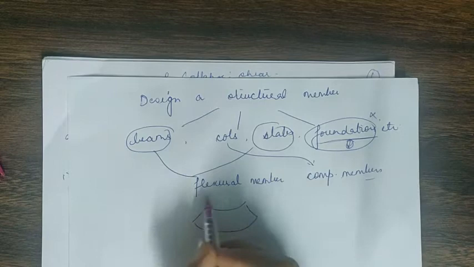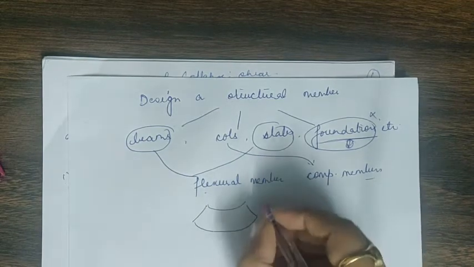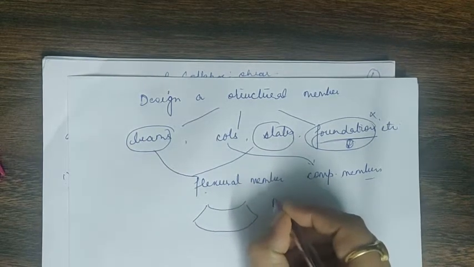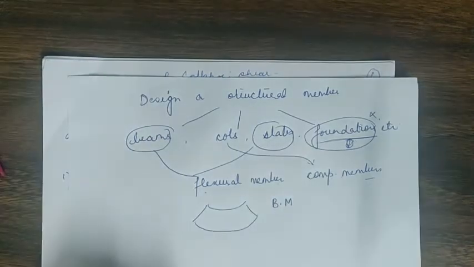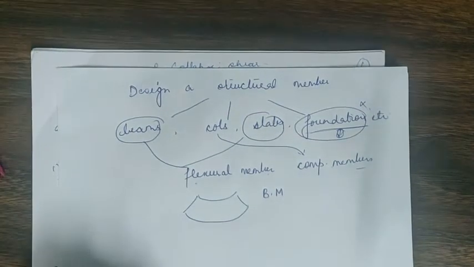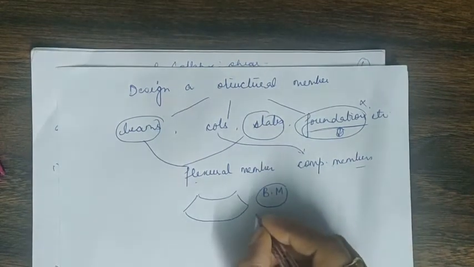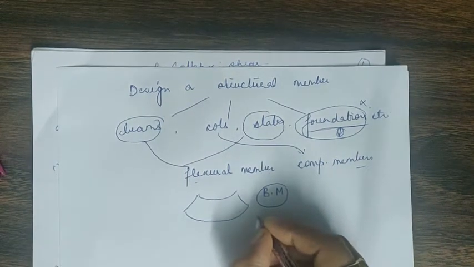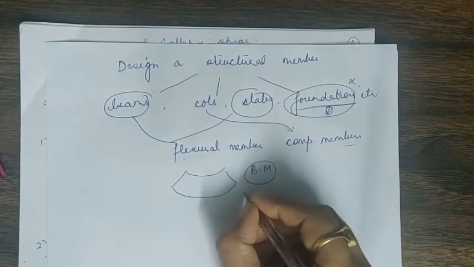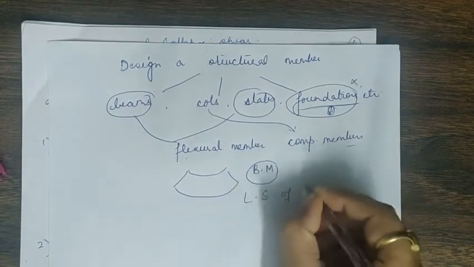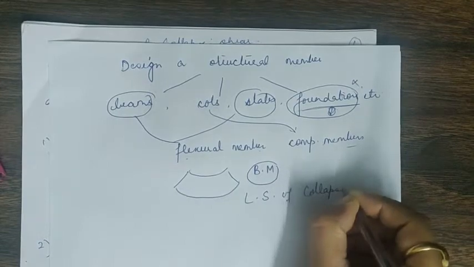Now when we are designing the flexural members, we generally design them based upon the bending moment that is coming due to the loads, and we assume that they will fail under flexure. So that's why we basically talk about limit state of collapse, flexure.